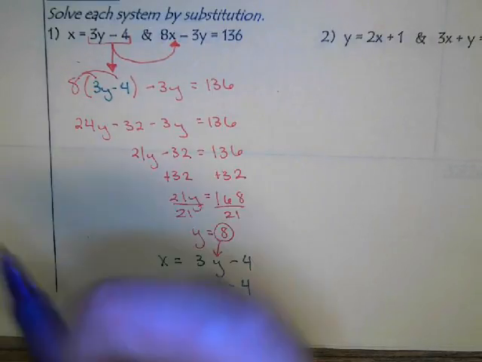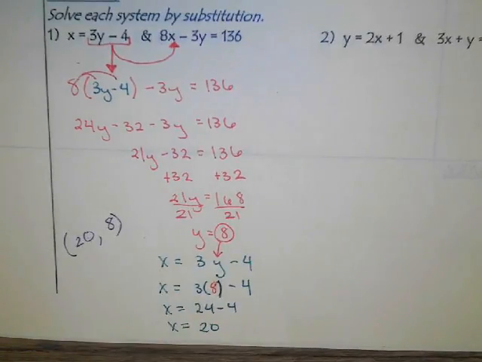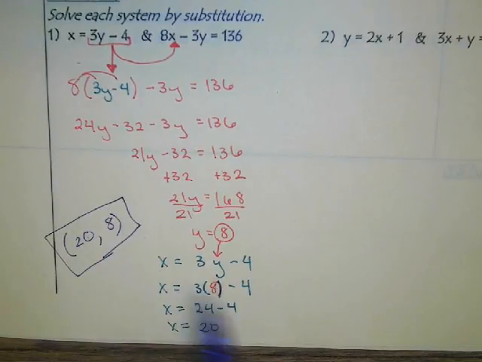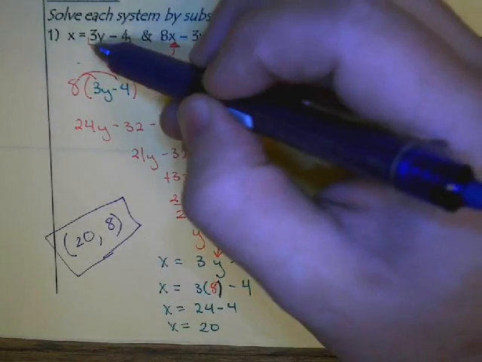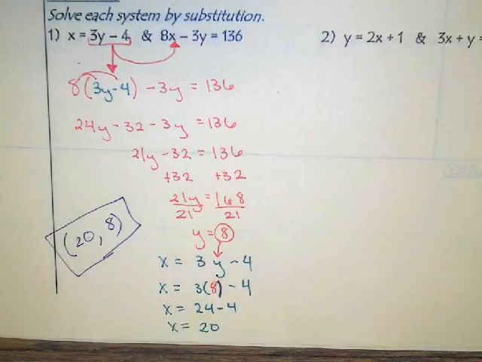So I will say that my answer is x, comma, y. So there's my x, comma, y right there. X is 20, y is 8. So it's the basic idea behind substitution. You're replacing an entire variable with an entire idea that it is equal to.